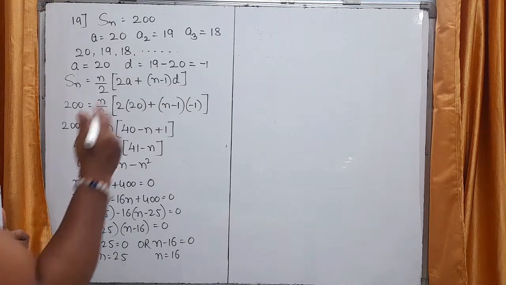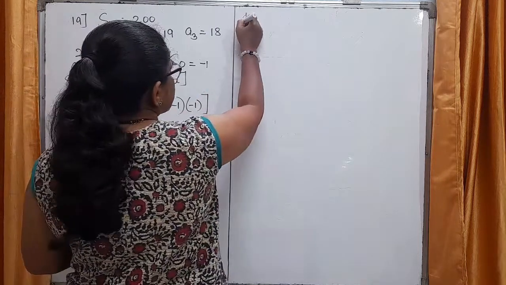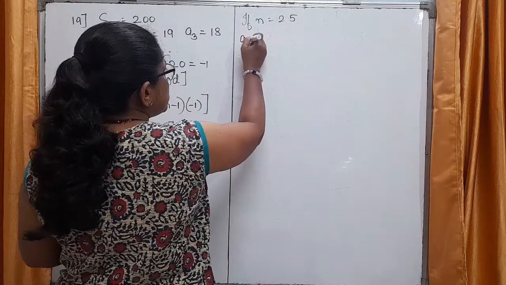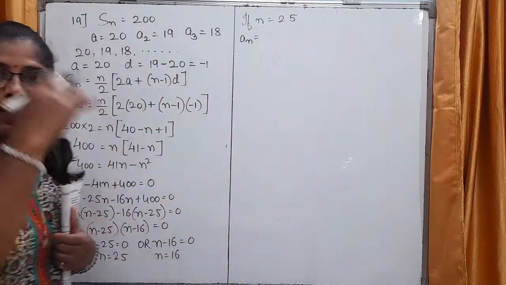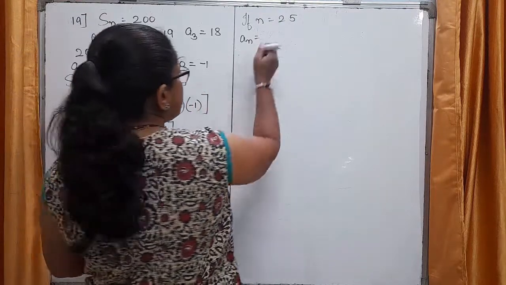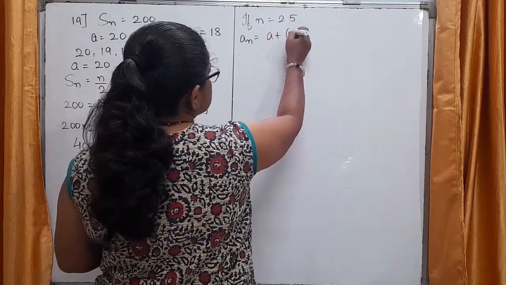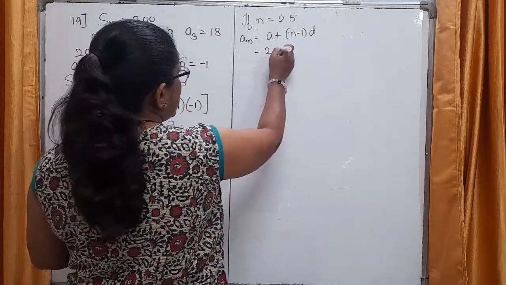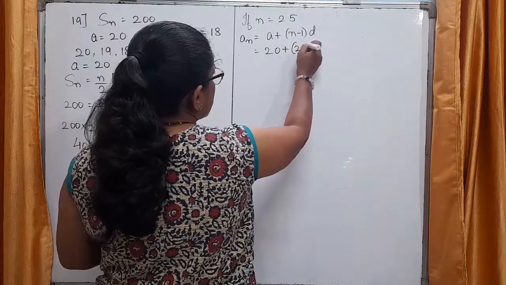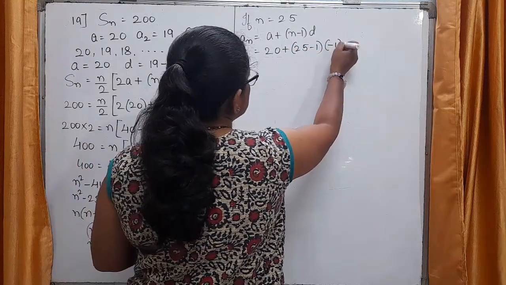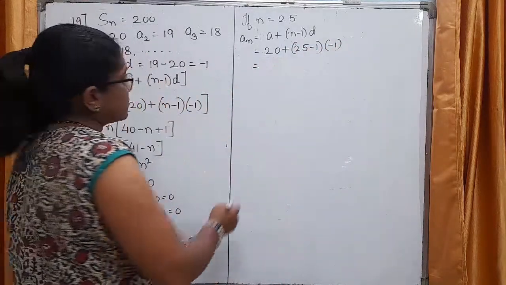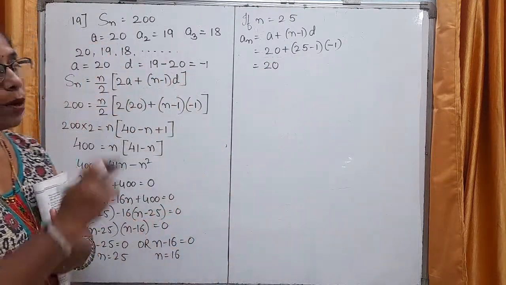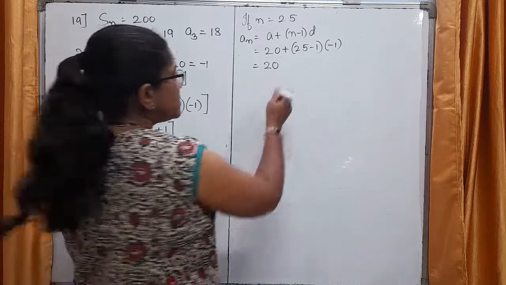Here, if n is 25, then what is going to be the nth term, means the number of logs in the last row, that is the 25th row? a plus n minus 1 into d. Here 20 plus 25 minus 1 into minus 1, because our d is minus 1. 25 minus 1 is 24. 24 into minus 1 is minus 24.